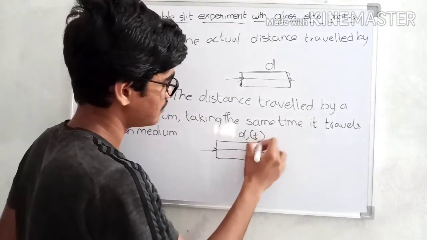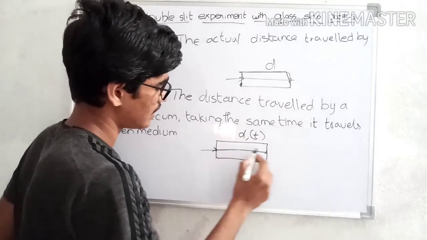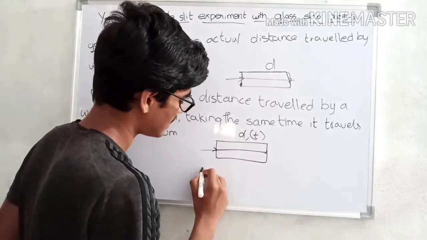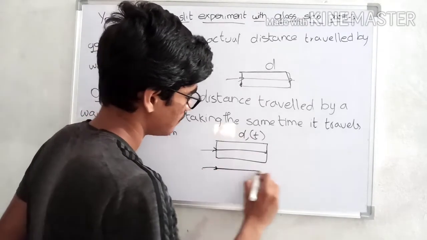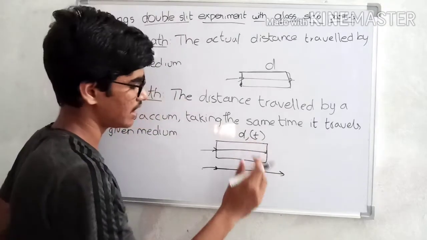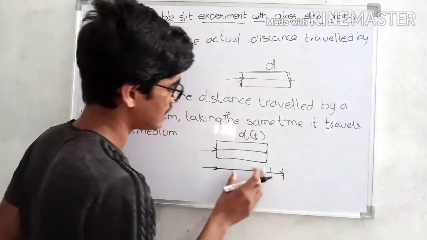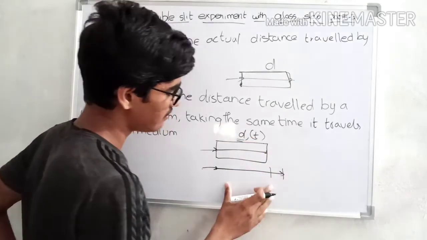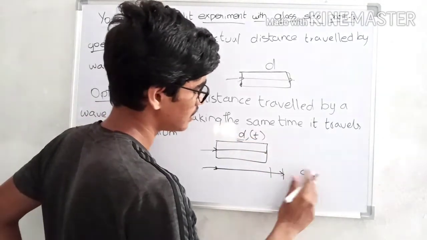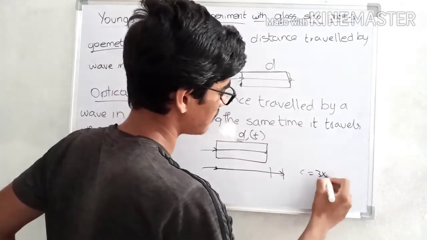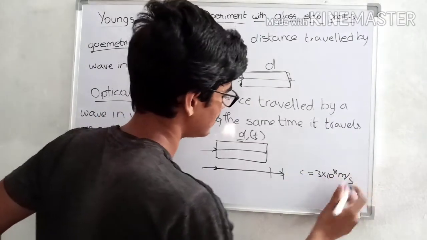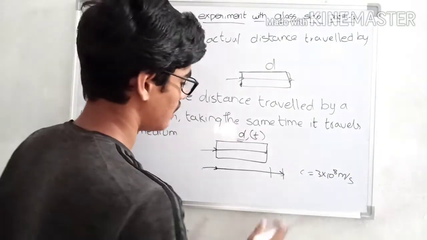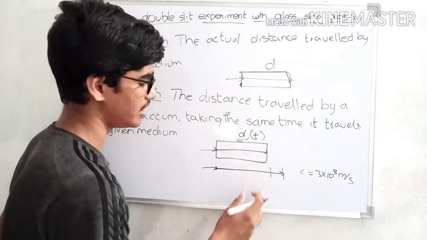consider it takes a time t to travel this length, and if we consider another ray which is traveling in vacuum taking the same time t, it covers more length than this length d, because the velocity of light in vacuum, c equal to 3 into 10 power 8 meters per second, is the maximum velocity when compared to velocities of rays in any other medium.